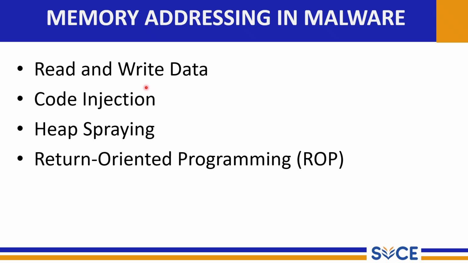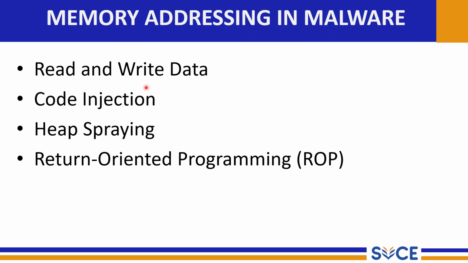It also writes data to memory to modify system settings, inject code, or overwrite files. The second one is code injection. Malware injects malicious code into other processes by writing the code to a specific memory location and then redirecting the execution to that location.